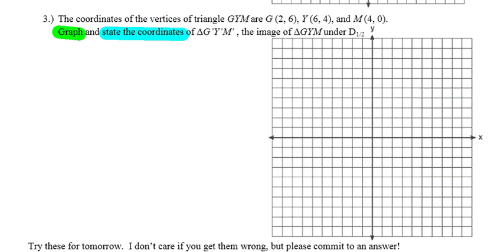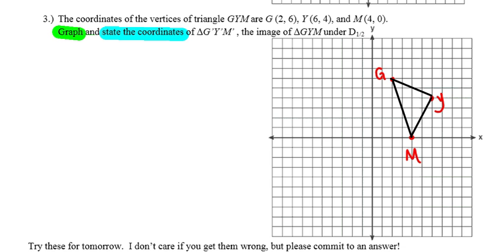I'm going to go ahead and graph the vertices of that triangle. So there's the triangle that we're starting with, or the original triangle.